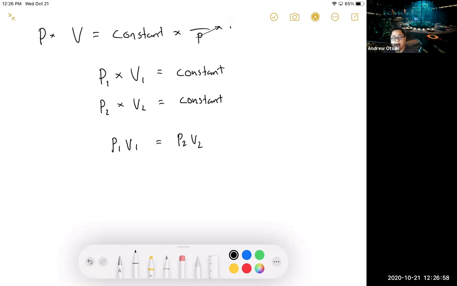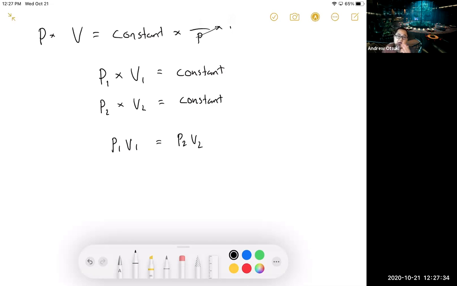So the takeaway is that we use the constant to make an equation for pressure and volume, and for volume and temperature in the previous law, and then we can set these two equal to each other because one set of pressure and volume, we can equate to another set of pressure and volume and solve for an unknown variable.